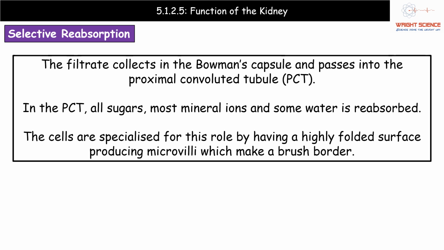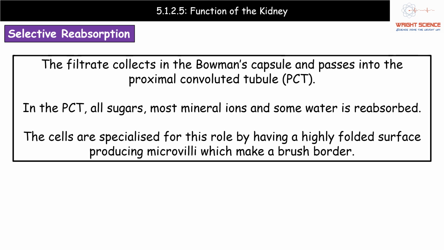So what we're seeing here is we don't want all of these things that we have pushed out of the glomerulus into the Bowman's capsule to just end up lost in the urine, because that would be incredibly wasteful, and therefore that PCT is going to reabsorb certain items, all of the sugars, most minerals, and some water.